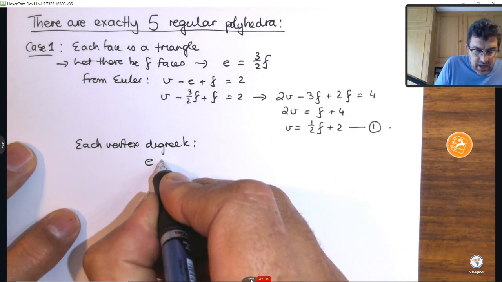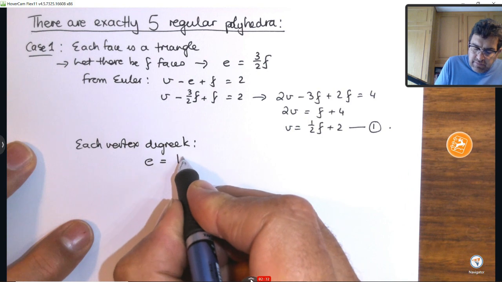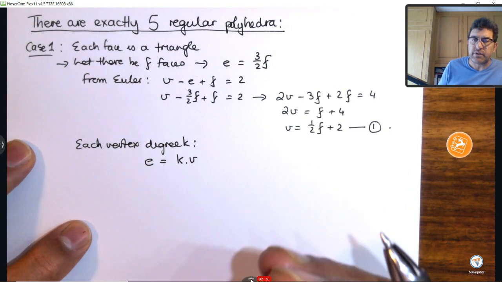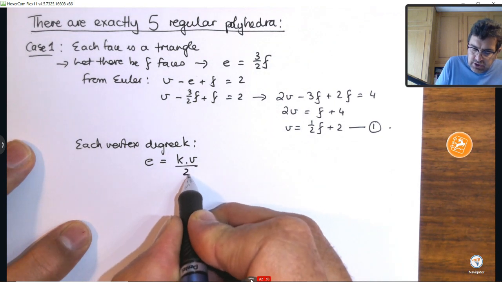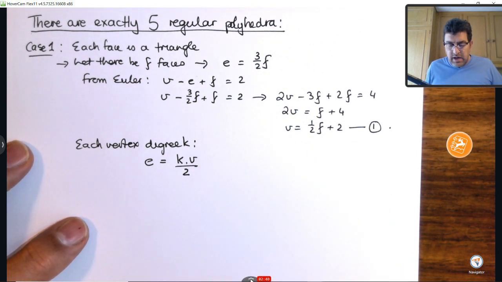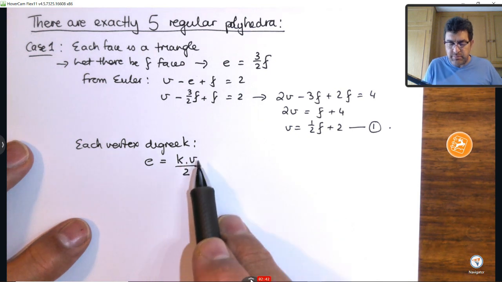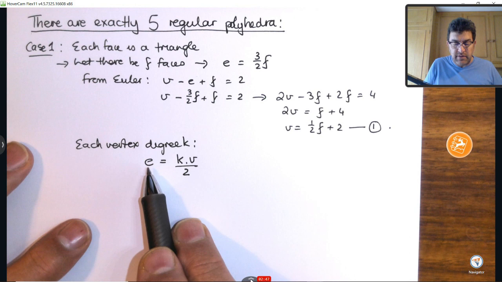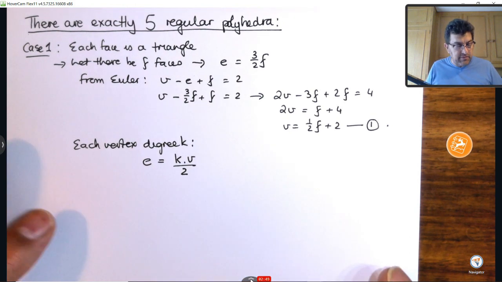The number of edges will be the number of vertices multiplied by k, but 2 vertices belong to each edge, so I have to halve that to get the number of edges.